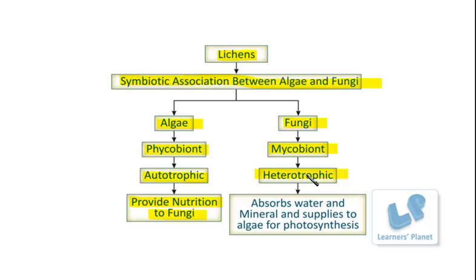You know how? By absorbing the water and minerals from the surroundings and supplying them to the algae for photosynthesis. Not only this much, this partner also provides protection to the underlying algae. So now you can see that these two organisms are living together and how they are providing advantage to each other.